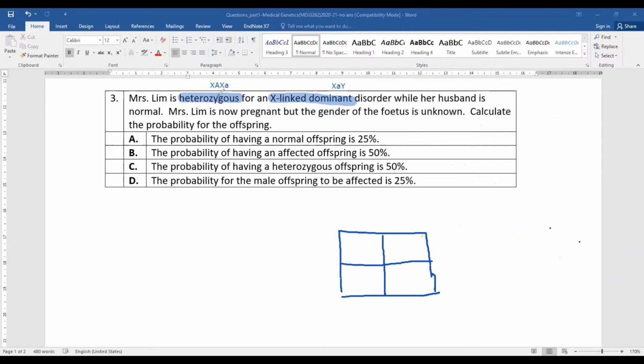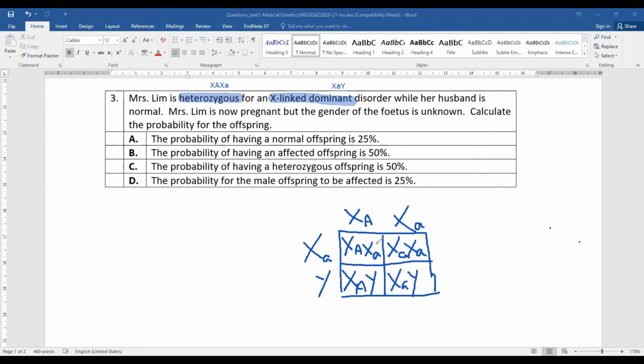Okay, so she is X capital A and X small a. He is X small a Y. Oh, my box is too small. Oh, I'm getting better at drawing this. I hope my finger won't cramp after this session. Drawing with a mouse is really difficult.